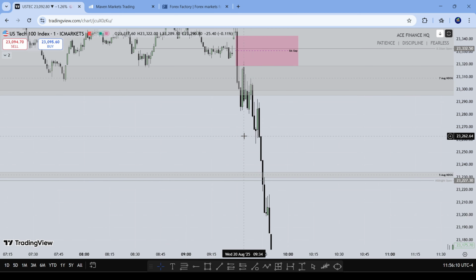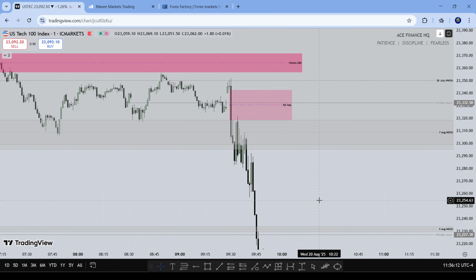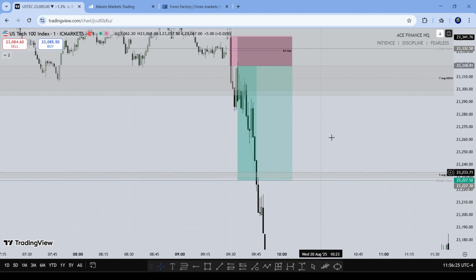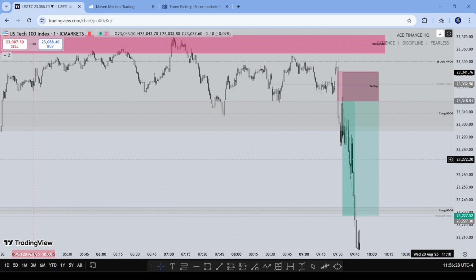So let me just take this out for a minute. As you can see, that's the business here: August 7th new day's opening gap, breakaway gap. That's how I took the trade, and we met our targets.